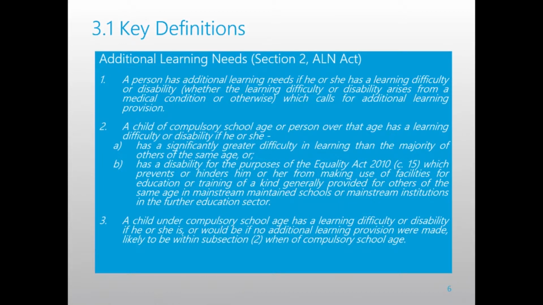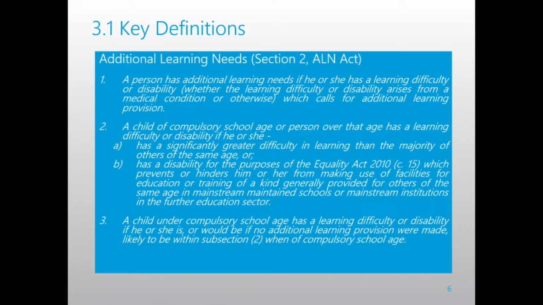of the Act. The definition is: a person has additional learning needs if he or she has a learning difficulty or disability, whether the learning difficulty or disability arises from a medical condition or otherwise, which calls for additional learning provision.